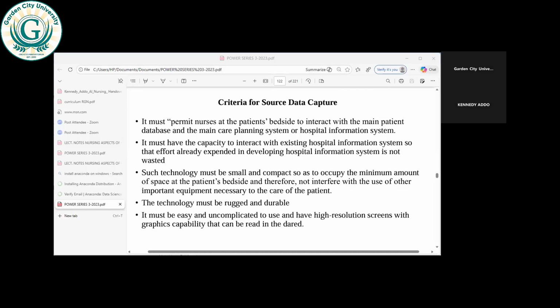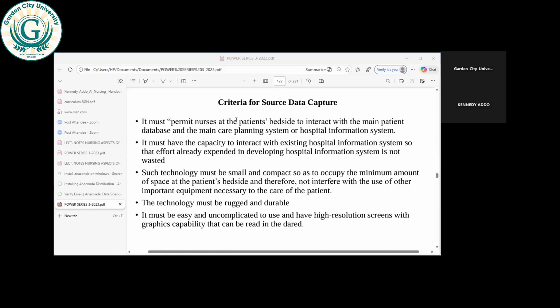Anyway, let's make progress. Now, such technology must be small and compact so as to occupy a minimum amount of space at the patient bedside, and therefore not interfere with the use of other equally important equipment.